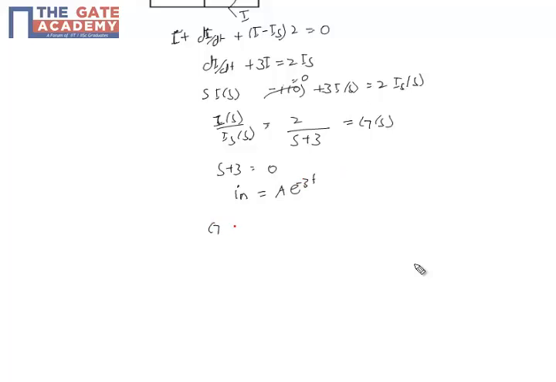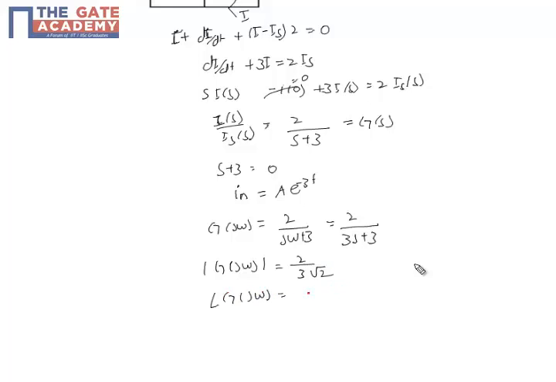Then to determine the steady state part, G of j omega is equal to 2 by j omega plus 3, which is equal to 2 by 3j plus 3, since the frequency of the source current is 3 radians per second. The magnitude of G of j omega is equal to 2 by 3 root 2, and similarly the phase of G of j omega is equal to minus tan inverse of 3 by 3, because it's in the denominator, which is equal to minus 45 degrees.